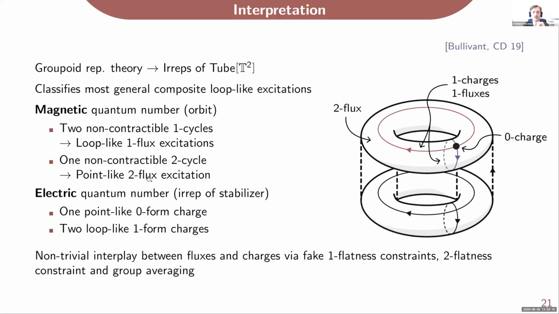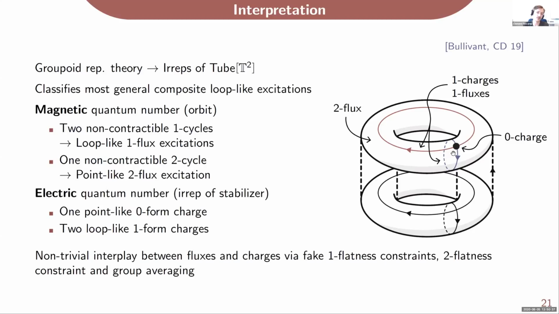So this magnetic number is like a mixture of these three fluxes, and the interplay between them is similar to the one we had with the threading flux, this notion of a flux threading the loop and constraining the quantum number. Similarly, for the electric quantum numbers, we have three. One is the zero-charge, which is the same or similar to the one for gauge models.